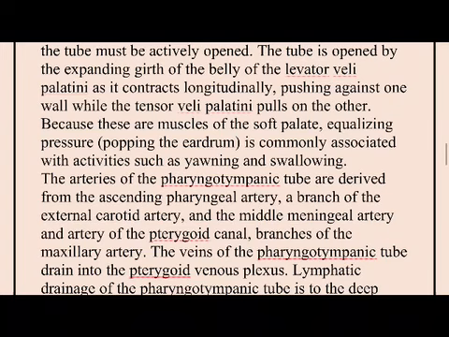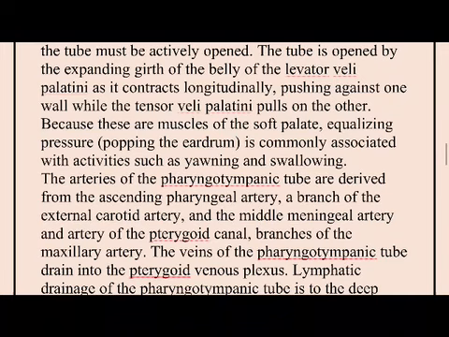So the levator veli palatini and the tensor veli palatini are very important. The levator veli palatini contracts, and as it contracts longitudinally, it pulls against one wall of the pharyngotympanic tube. Then the tensor veli palatini pulls on the other wall.